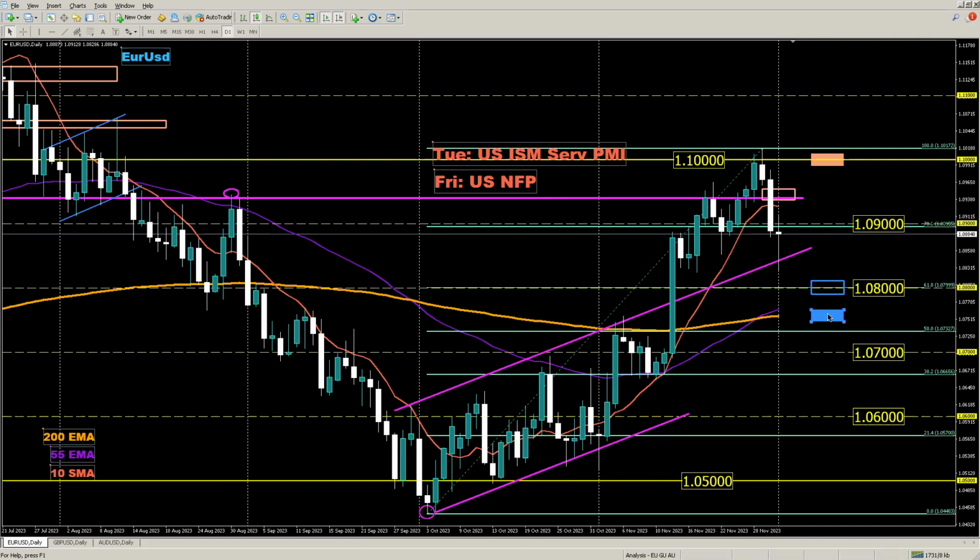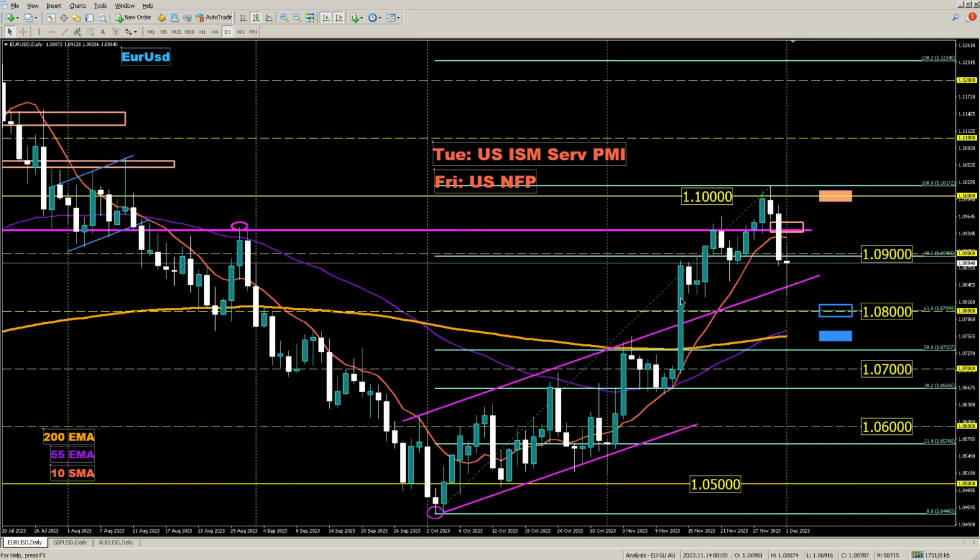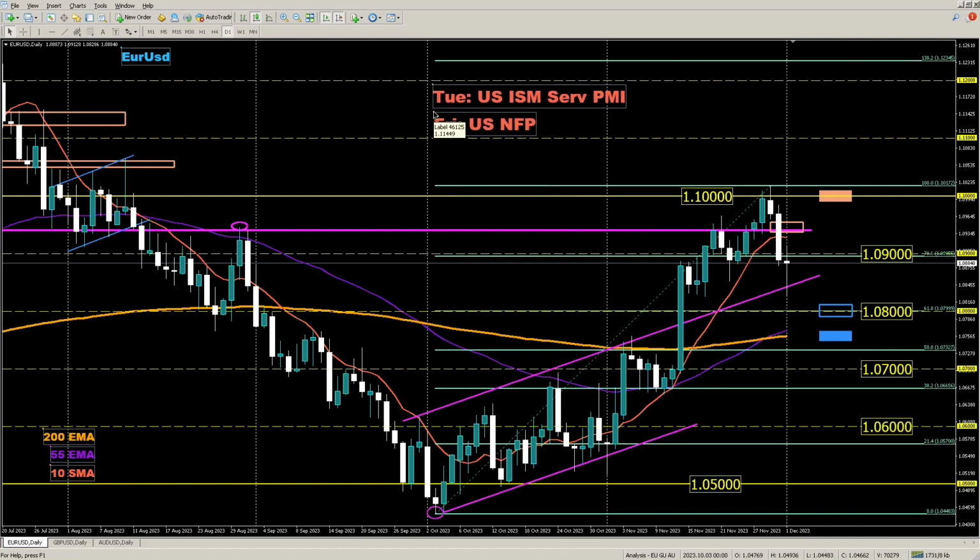And just above the 50 fib, there's the grouping of the 200 and 55 EMA, which should be a strong support level, a support zone. So let's see, without any Eurozone news this week, it's exposed to US news with the non-farm payroll on Friday.